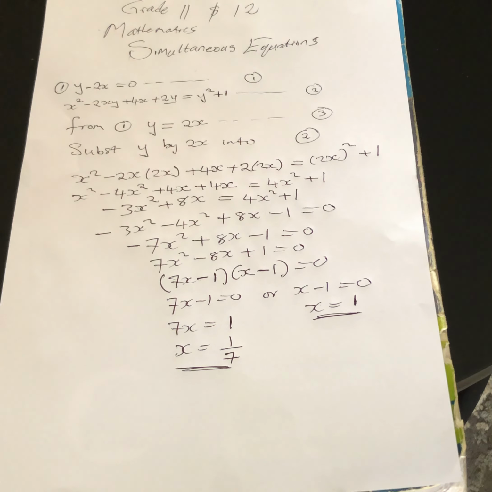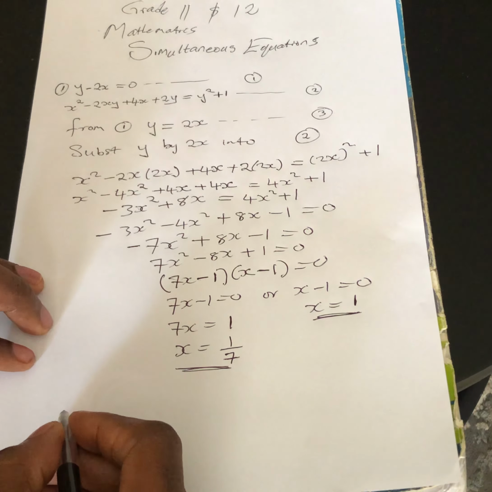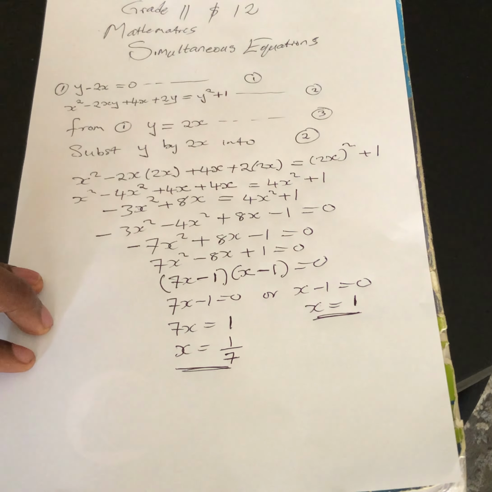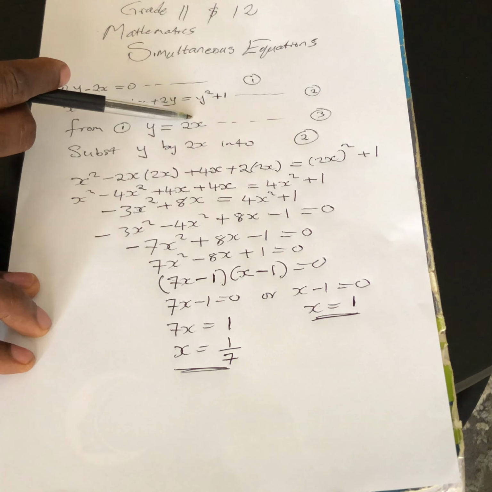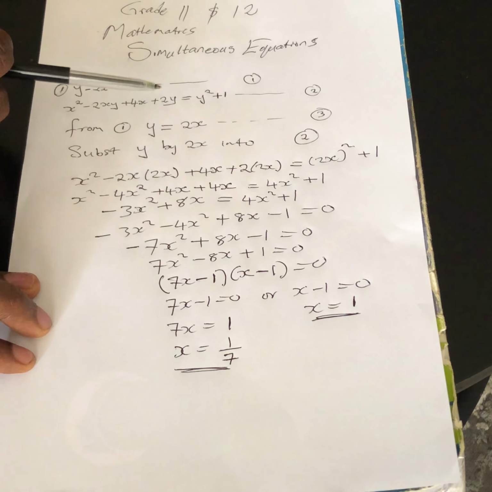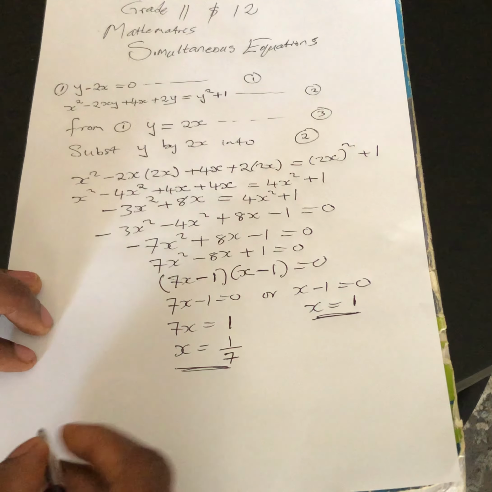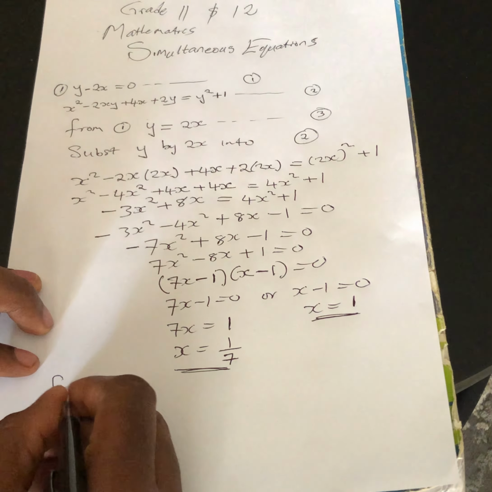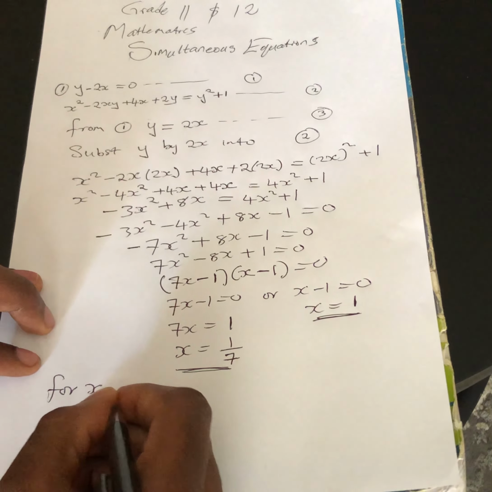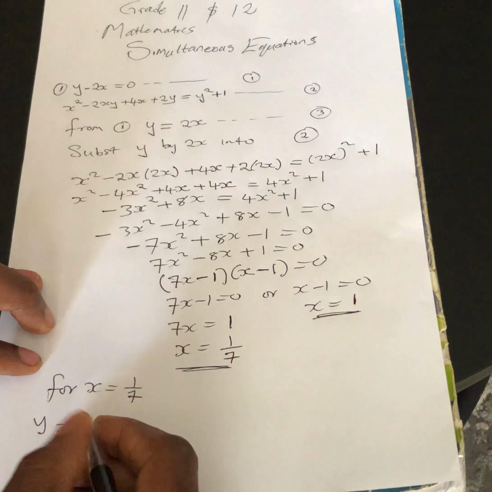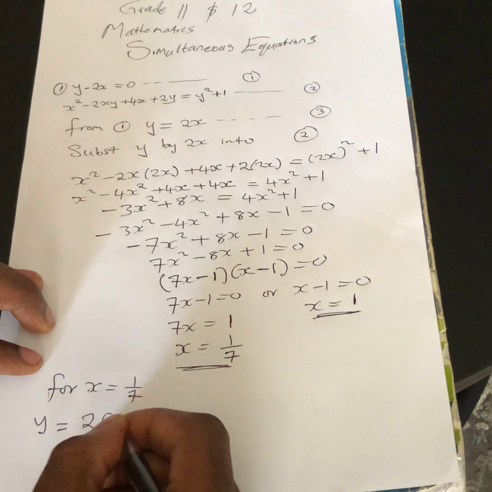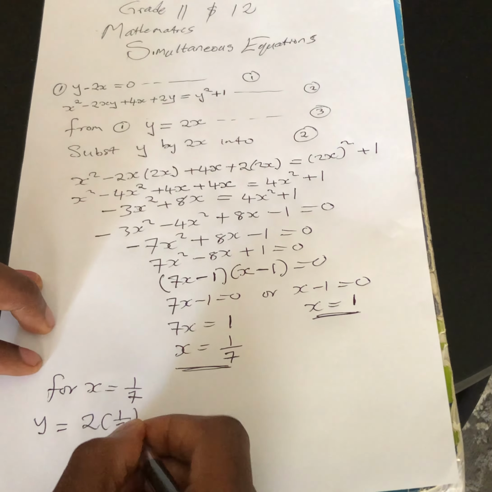And then you must also calculate the value of y. You just have to say that we are now going to use equation number 3 because it's the simplified one. You just replace x by 1 over 7 to find the value of y. You also replace x by 1 to find the value of y. So for x is equal to 1 over 7, your y is going to be what? 2 multiplied by 1 over 7.